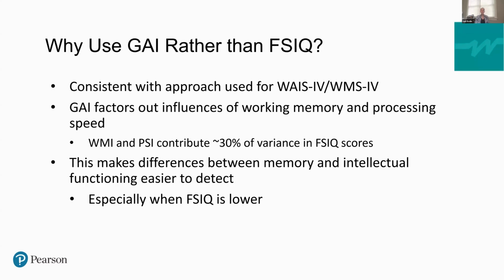Working memory and processing speed deficits often drag down a full-scale score, making it difficult to get an accurate comparison between cognitive ability and memory functions. So using the GAI makes it easier to detect such differences if they're there, especially when the full-scale IQ score is relatively low.